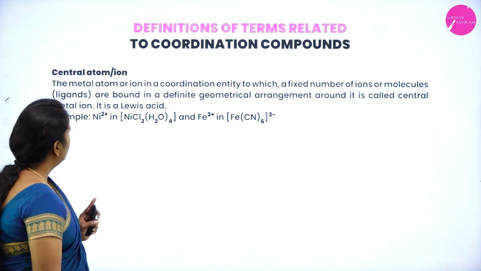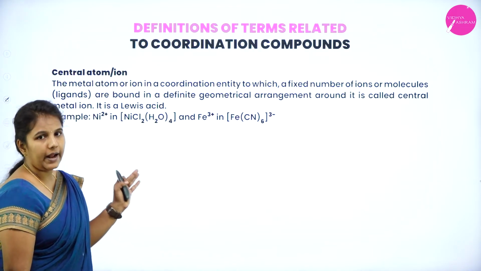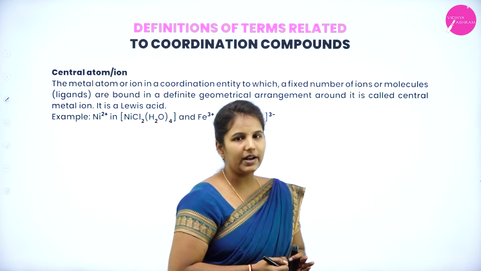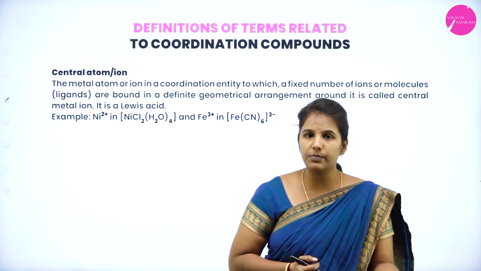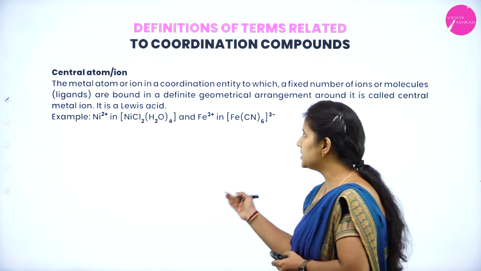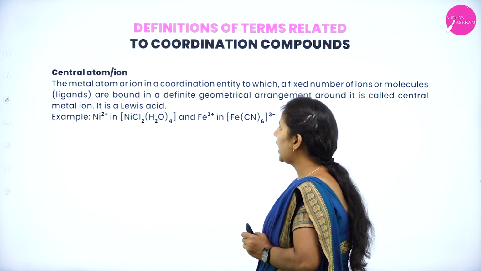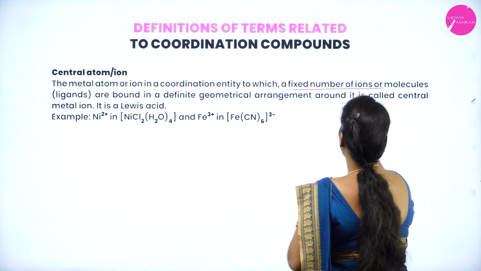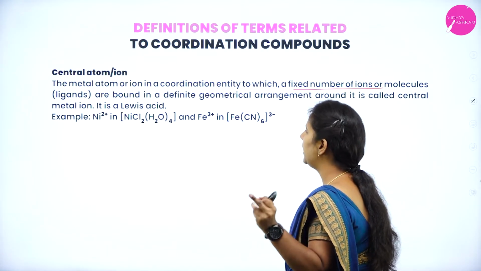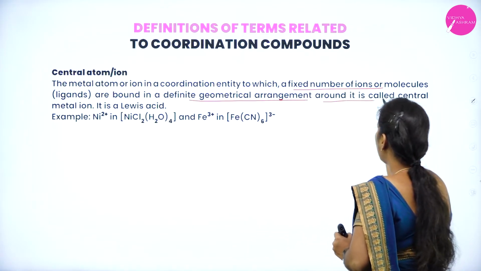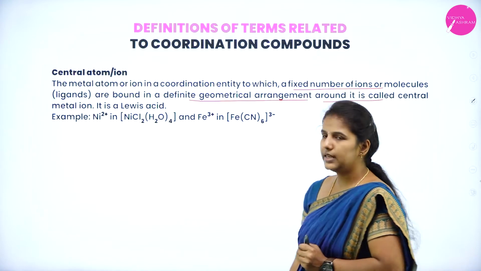Next we have the central atom. Just now we have learned what the central atom is and how it forms a bond with the ligand by forming a coordination bond. So the metal atom or ion in the coordination entity is the one to which a fixed number of ions or molecules are bound in a definite geometrical arrangement around it, and it forms the central atom.